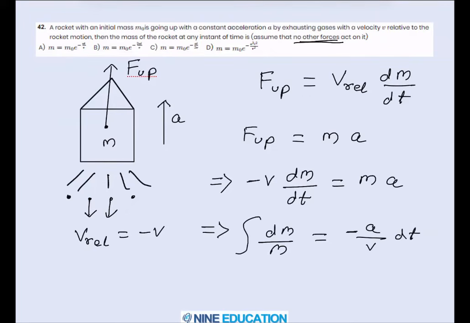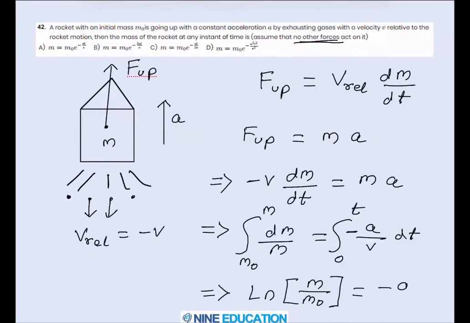Now let us go for the integration part. Okay. Initial mass of the rocket was m naught, and let's say that the final mass is m, while the time taken is from 0 to t. If you solve the integration part, you will get ln m by m naught is equal to minus at by v.